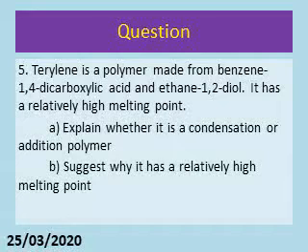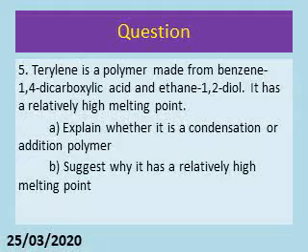Now, when you get a question like this and it's got chemical names in and you're not quite sure what that chemical is, the first most important thing to do is to not freak out about it. Then we need to deduce what information we have been given. So we have been told, first off, that it's a polymer. We know what polymers are like. We know that they're made of long strands with relatively strong intermolecular forces.